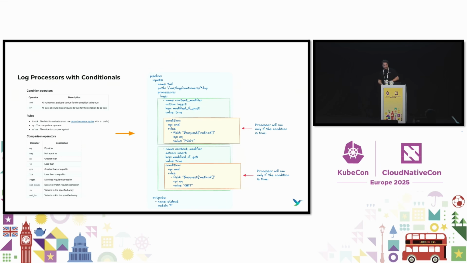For example, in this example, there are conditions. You can use conditional operators like and, or. You can use comparison operators like equal, not equal, greater than, or less than. If your conditions are met for the logs, they pass; if not, they drop.